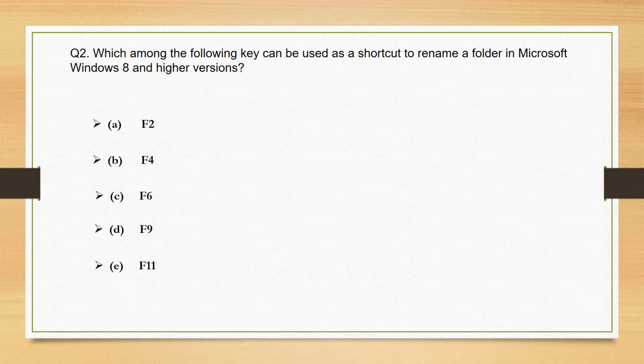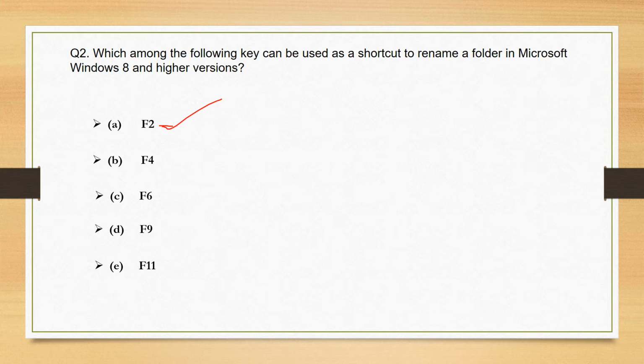So let's discuss one by one what are the uses of these shortcut keys. F2 is a shortcut key which is used to rename a folder. Whenever you want to rename a folder, just go on the folder, select it and press F2. You will get an option to rename the folder. Whatever name you want, you can put it and save it. So this is the correct answer, you can say.